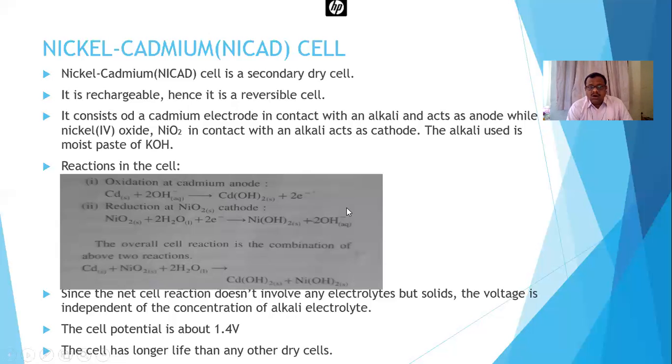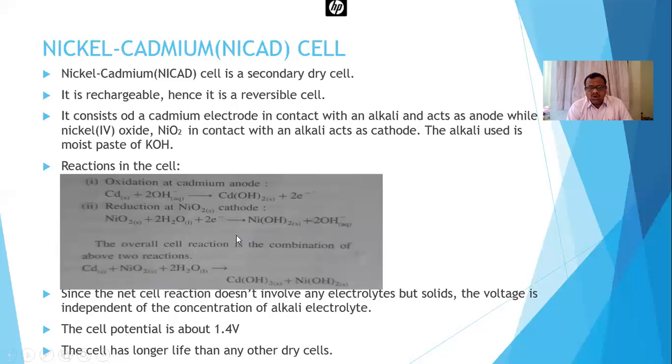In the next reaction, that is reduction, the electrons are accepted. The oxide of nickel, NiO2, along with water, reacts with these electrons, and nickel hydroxide, Ni(OH)2, along with hydroxide ions is formed.